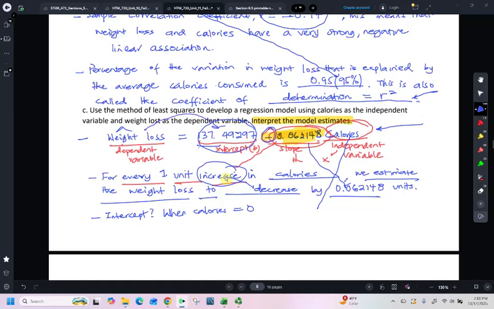That will be the predicted weight loss. So we're saying that for those consuming 0 calories, the amount of weight they will lose is 137.49 pounds, or whatever units weight loss is.